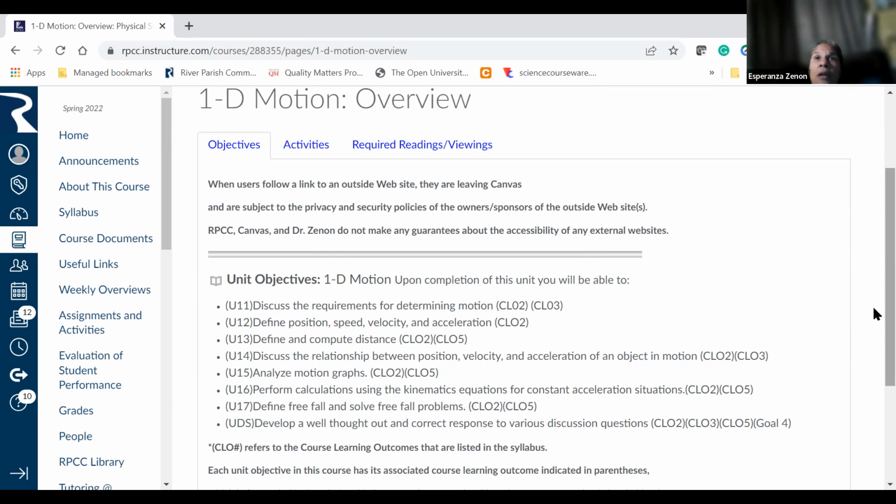Because all of the stuff that we need to understand in this class, including motion, utilizes measurement. So the scenario that we're facing now is we have an object that's moving, and we want to be able to describe that moving object's motion.